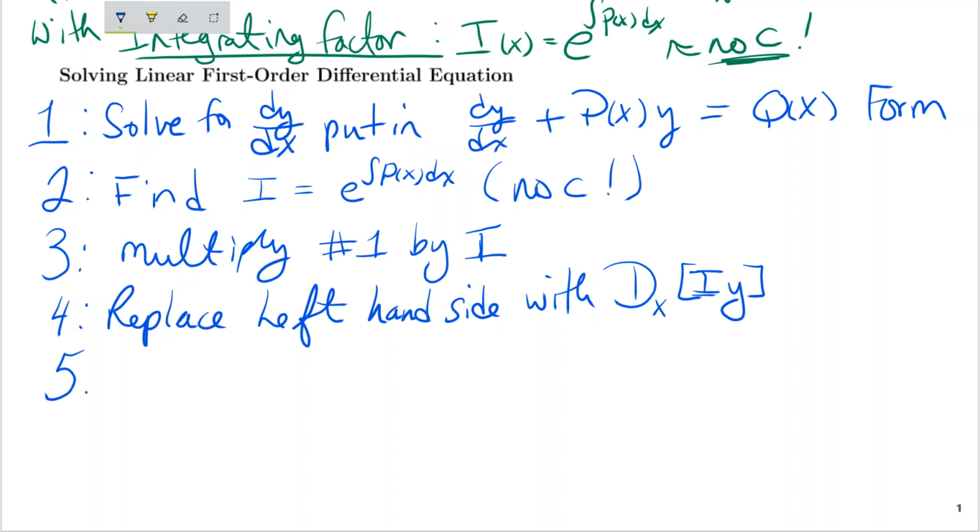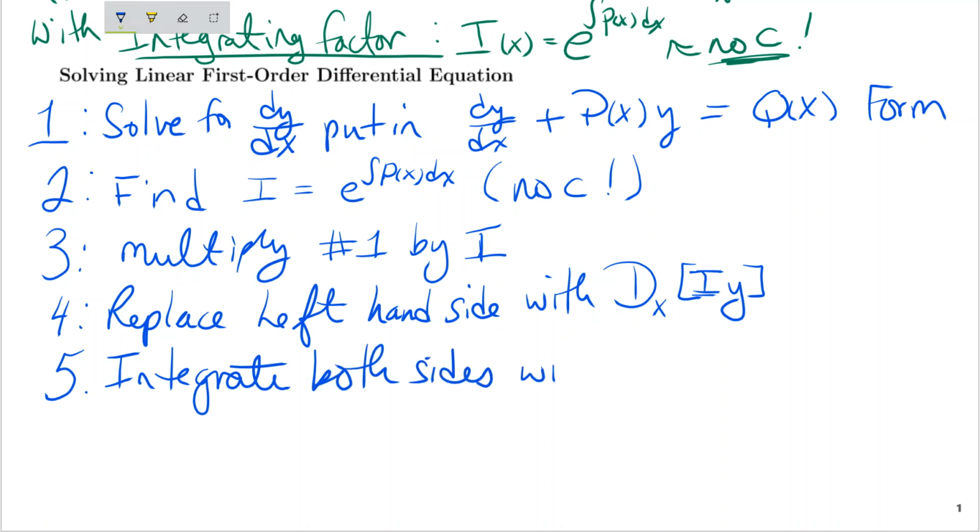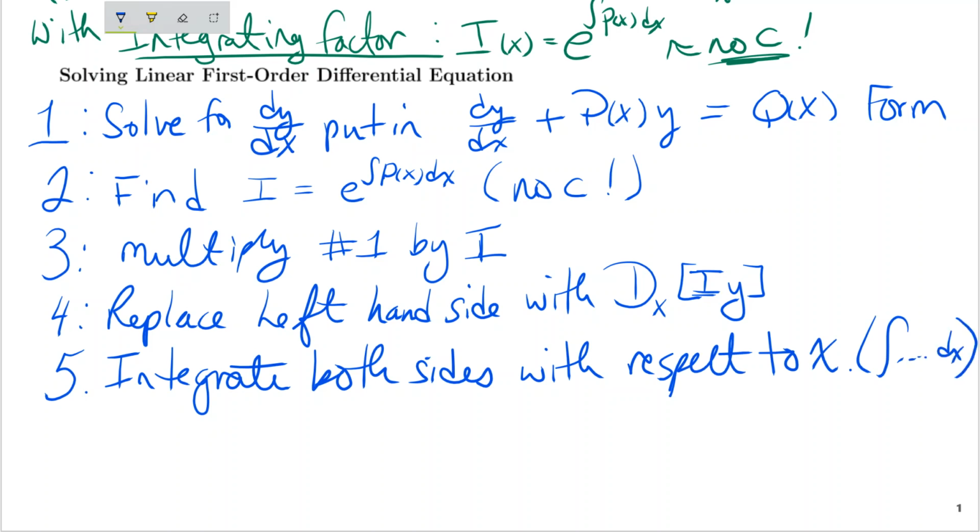And then integrate both sides with respect to x. So this is like integrate stuff dx. It's not dy/dx like the separation of variables is. And then solve for y, if possible. It's not always going to be possible.